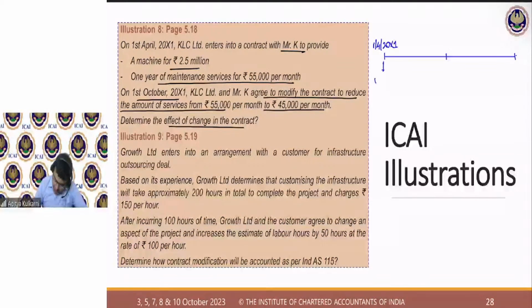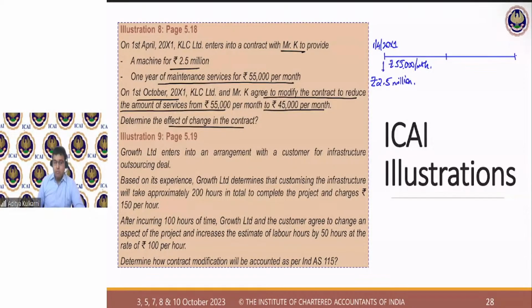You will provide a machine for rupees 2.5 million. Okay. On this day, you have agreed to provide maintenance services at 55,000 per month, and this tenure is for a period of 1 year. So this is what you have agreed.